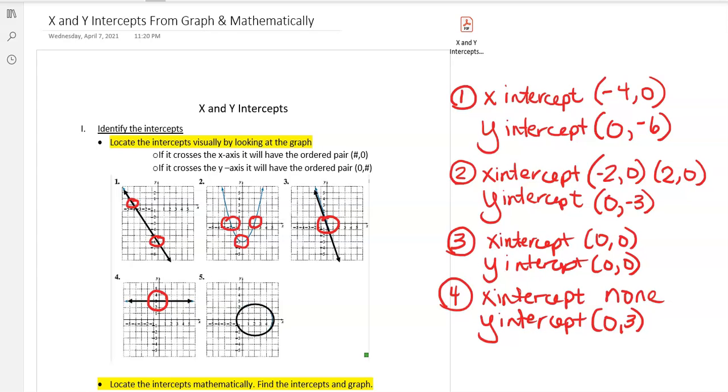Number 5, we have 2 intercepts on the x, and we have 2 intercepts on the y. So there will be 2 each on the circle. Our x's were at -1 and also at 5.